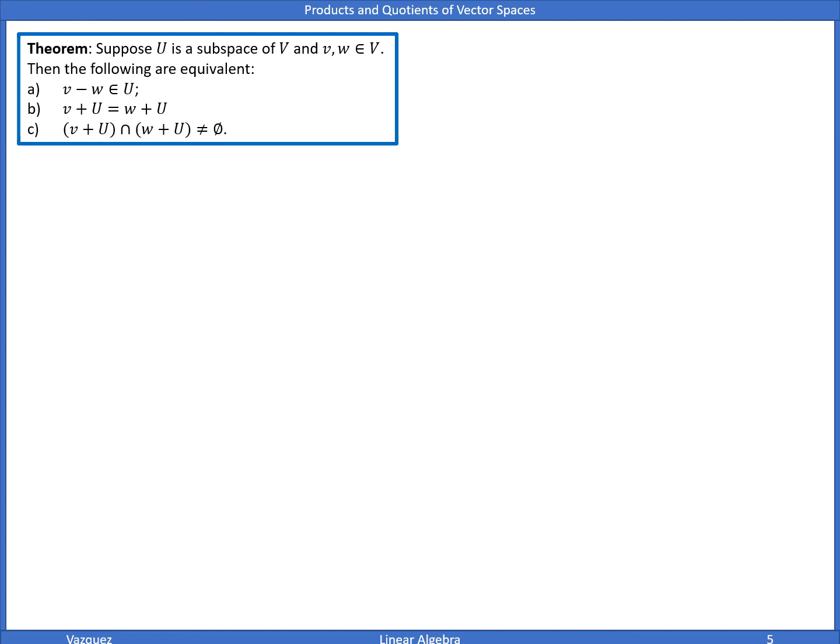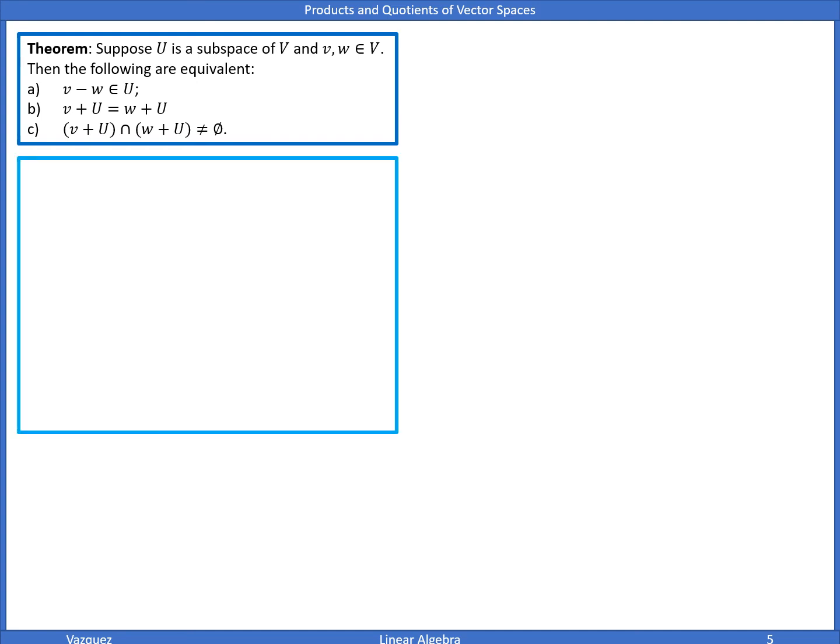So those three things are equivalent, they're the same thing. Not intuitively, we can't see this clearly. Maybe if you can, that's great. I definitely couldn't, so we will need a proof.